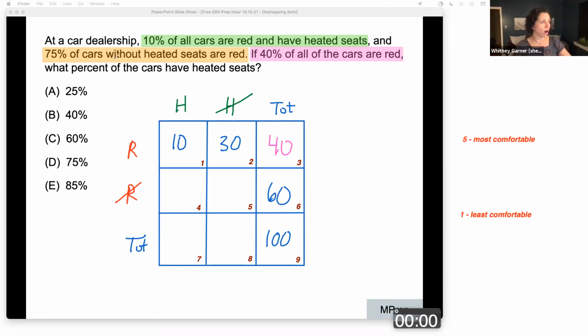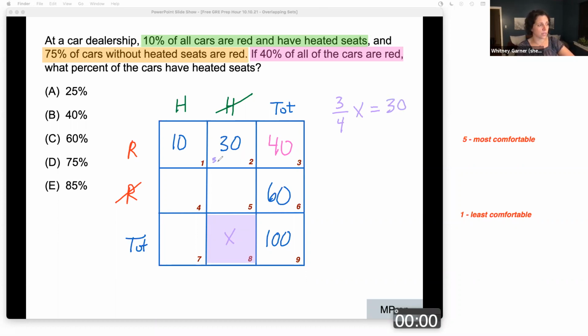75% of the cars without heated seats are red. Ooh, okay, this is a tricky one. So if I knew this number, I'm going to give it a variable for right now, X. 75% or 3/4 of X would be 30, equals this number right here.